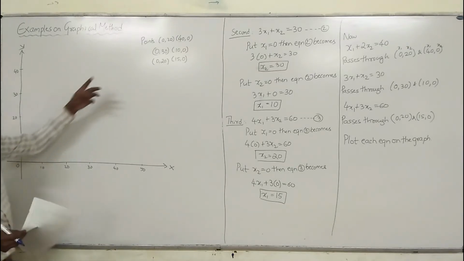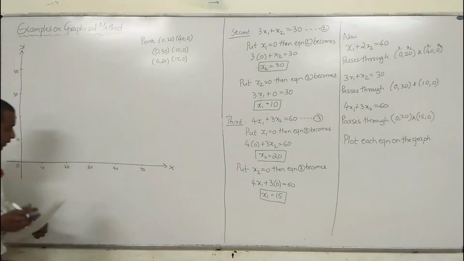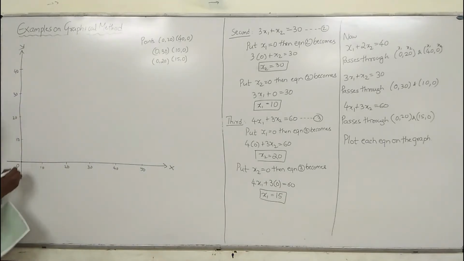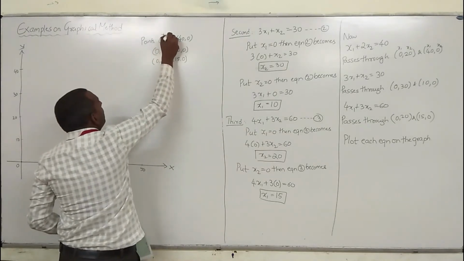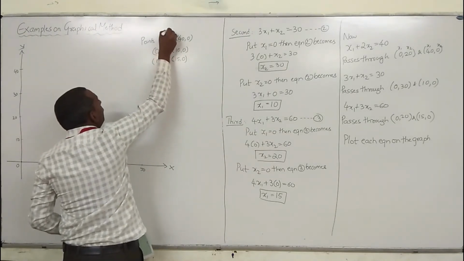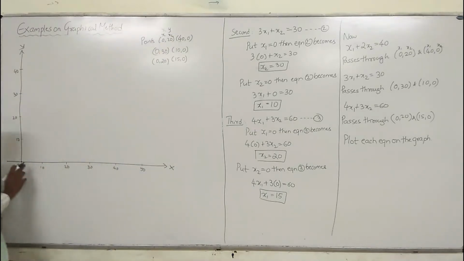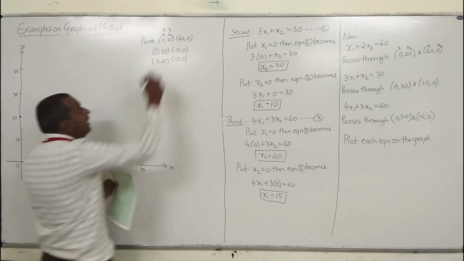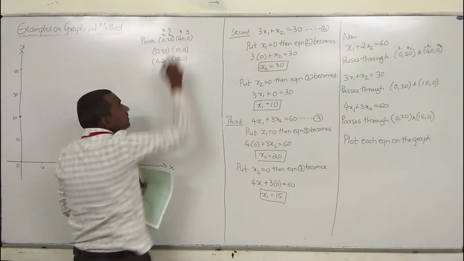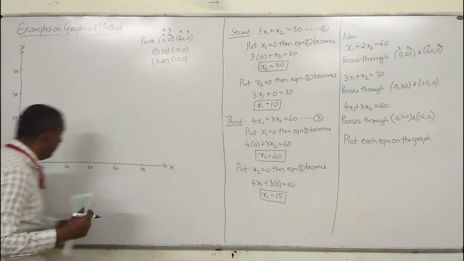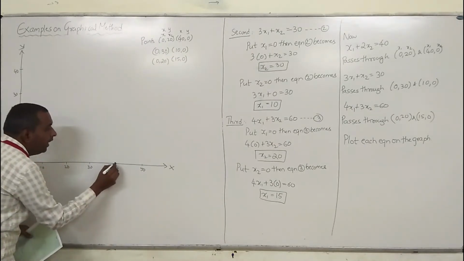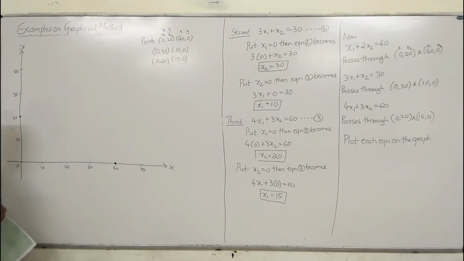So let us take the first thing here, 0, 20. So first one point is 0, and this is x1, x2, or you can say this is x and y. Here x value is 0 and y value is 20. So I will plot it here. The next point is 40 on the x axis, and for the y axis it is again origin.